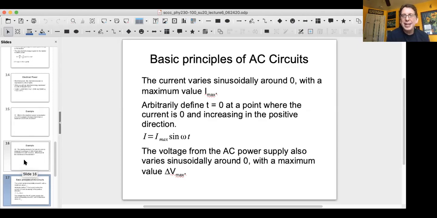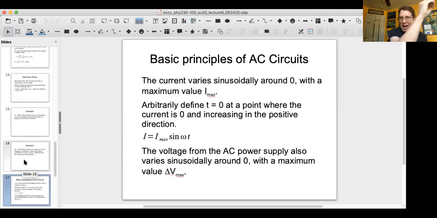Mathematically it's very similar to the angular velocity in radians per second that we talked about when we had circular motion or rotational motion in physics 1. But this is more of an abstraction, but it does work mathematically.